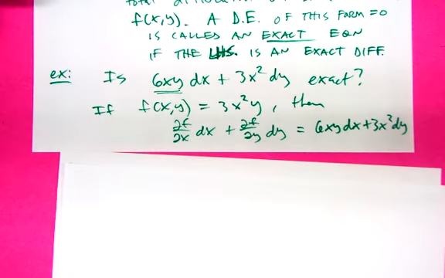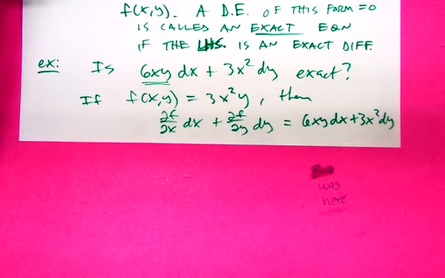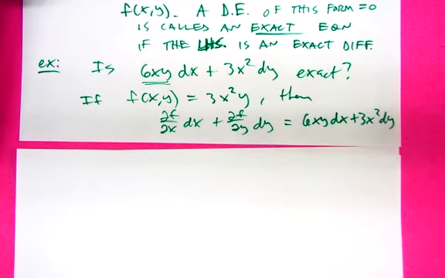What are you comparing? Since partial f partial x dx is the first part, the mixed first order partials have to be the same. So if you take the first term partial y, it has to equal the second term partial x. That is correct.